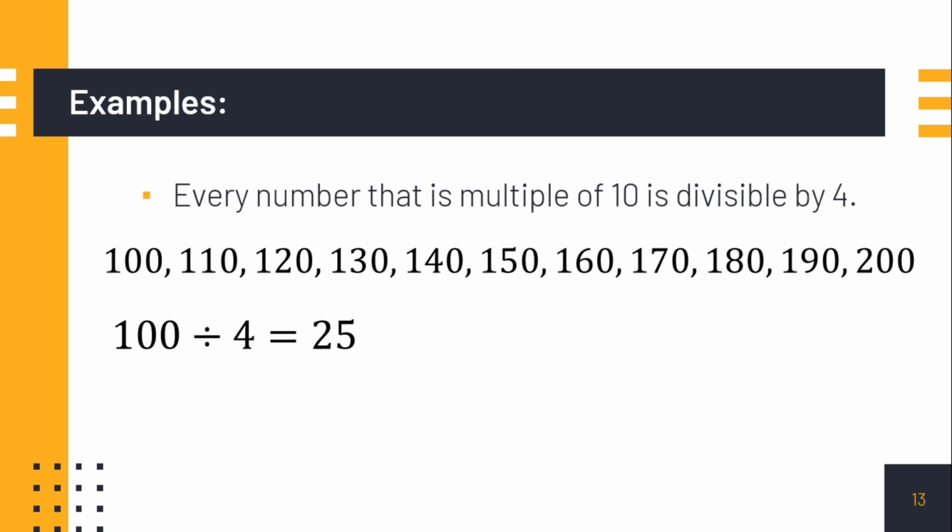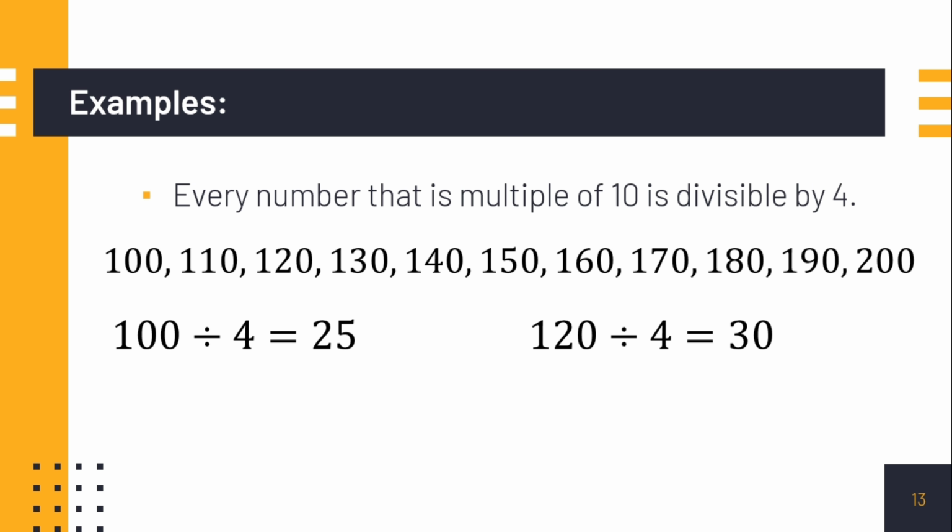We can try 100. 100 divided by 4 is 25, so 100 is divisible by 4. 120 divided by 4 is equal to 30, so 120 is also divisible by 4.